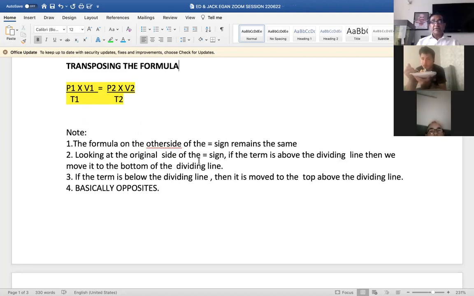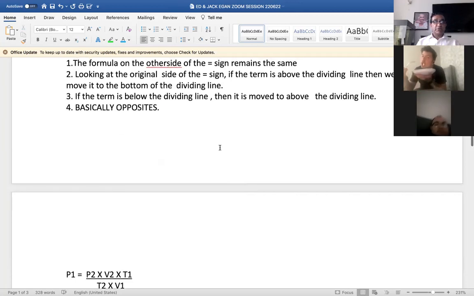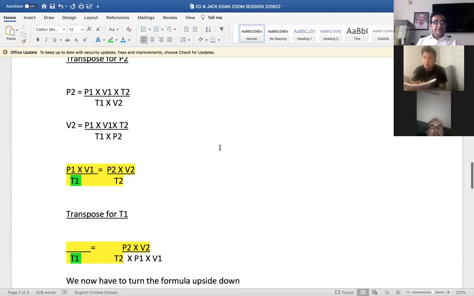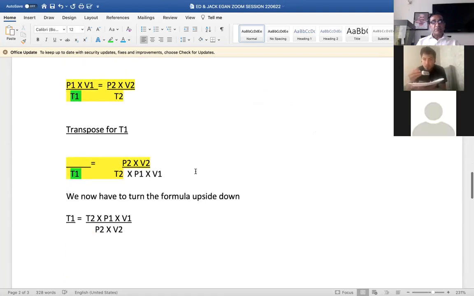Looking at the original side, if the term is above the dividing line, we move it to the bottom of the dividing line. If the term is below the dividing line, it's moved to above the dividing line, basically opposite. And when we're looking at down here, we just have to look at flipping the formula down.